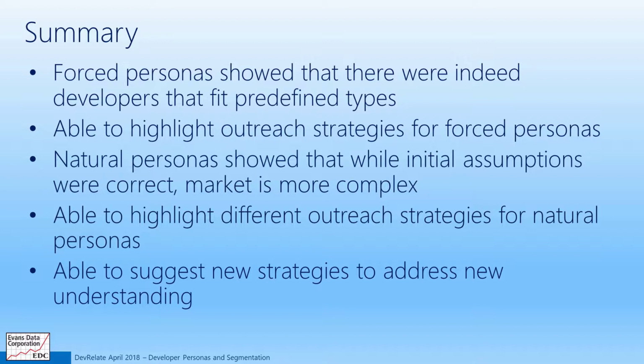I guess in this discussion, we really talked about how certain companies who might come to us with a particular approach might have a predefined idea of who their developers are, but might stand to learn about what they don't understand right now within their groups. And there are different strategies that we can take to validate those assumptions, but also to discover new ways of looking at a target community.